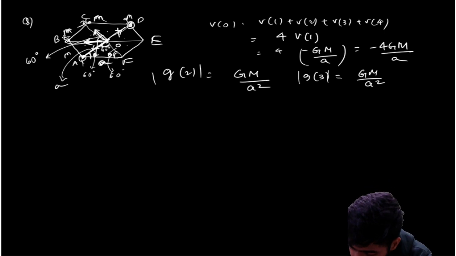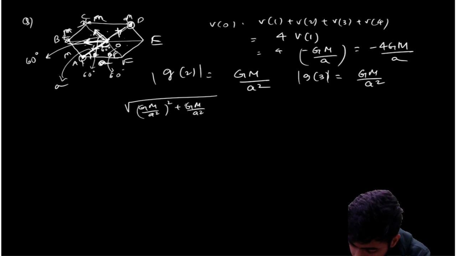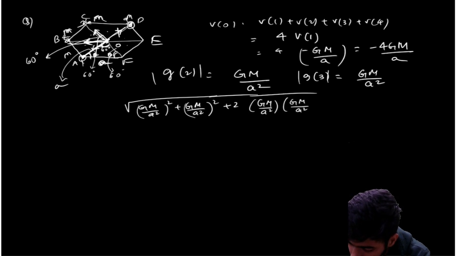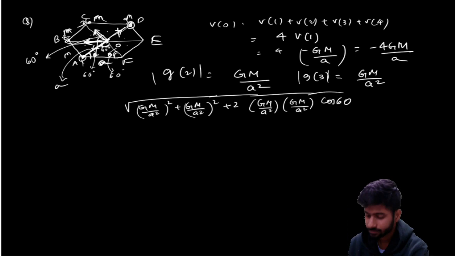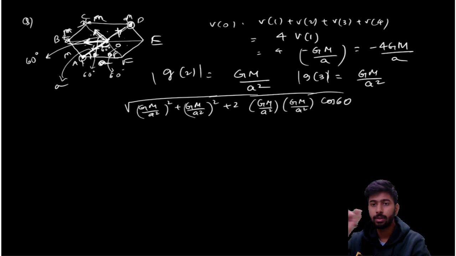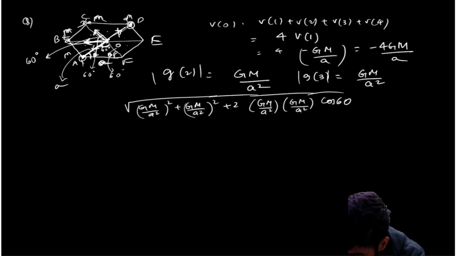So the resultant is the square root of (Gm by A square) whole square plus (Gm by A square) whole square plus 2 into Gm by A square into Gm by A square into cos of 60. Right? A square plus B square plus 2AB cos theta, where A is equal to B. So 2 and cos 60 will get cancelled.